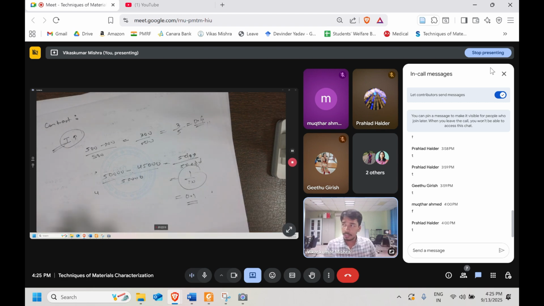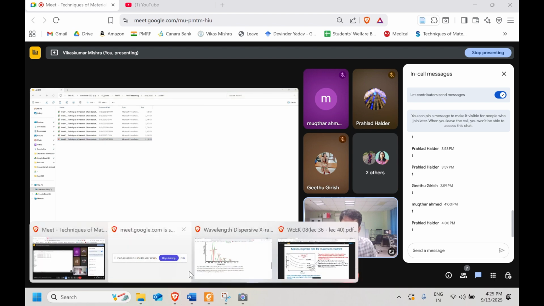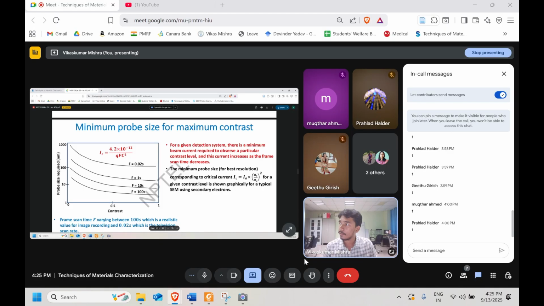So now here we can see that for a particular case, if I keep on increasing the current, then the probe size will keep on increasing.